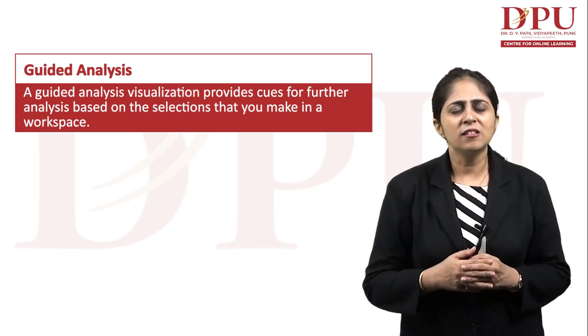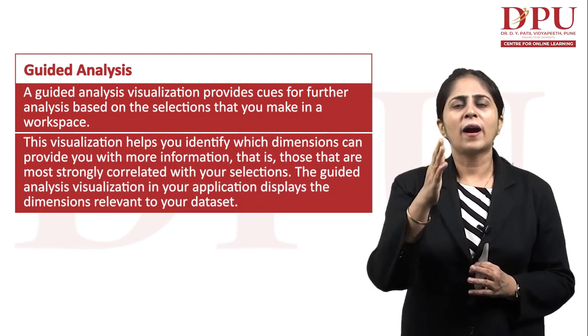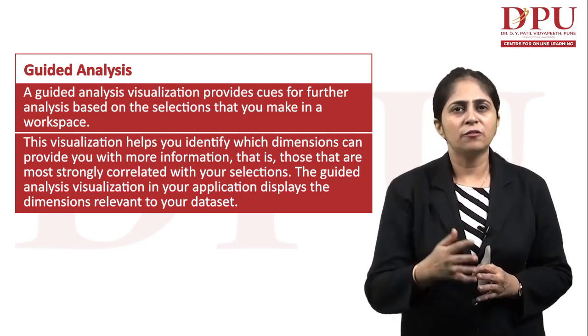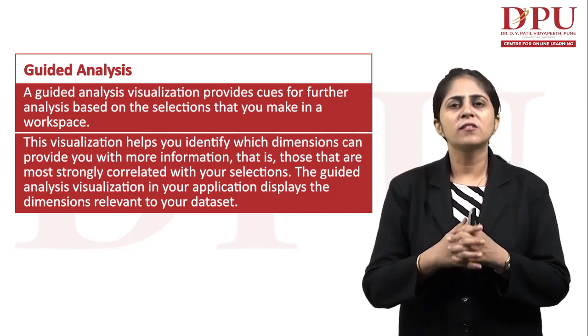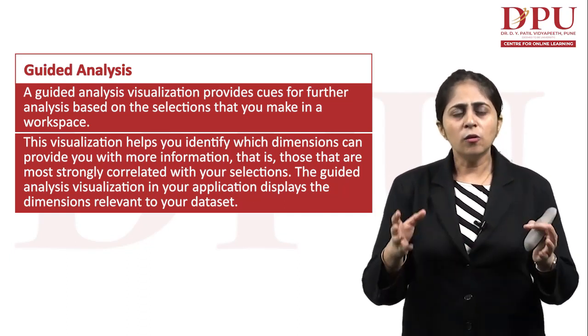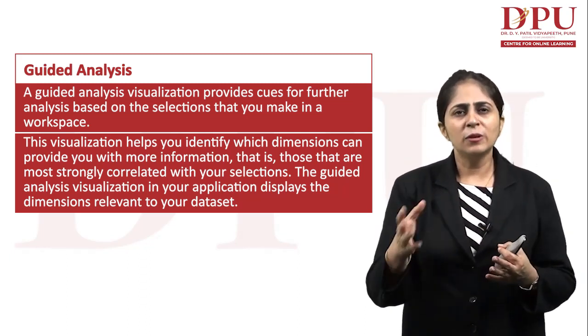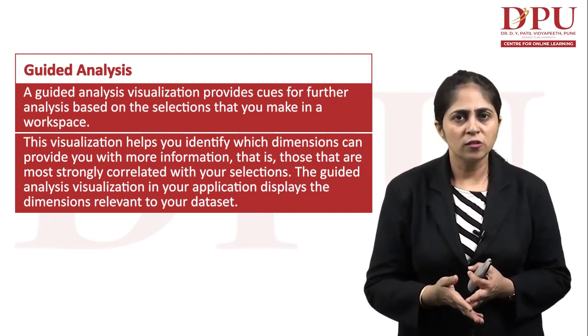This type of visualization, where we have this guided analysis structure, helps you identify which dimension can provide you with more information, the ones most strongly correlated with your selection. So when you want to identify which dimensions are impacting your data the most.